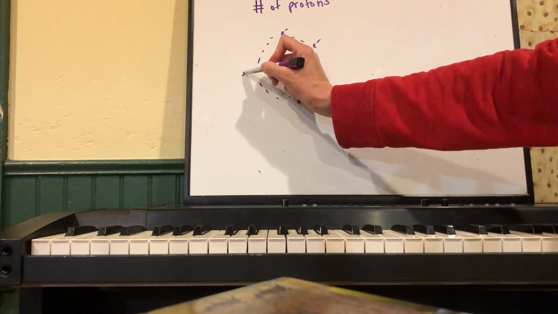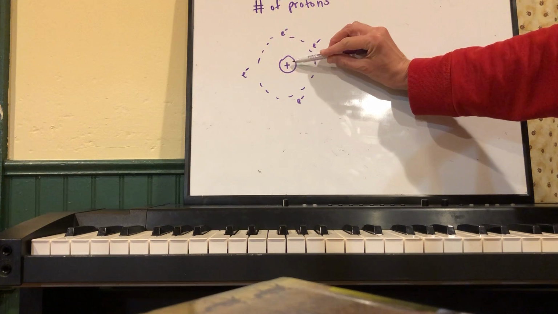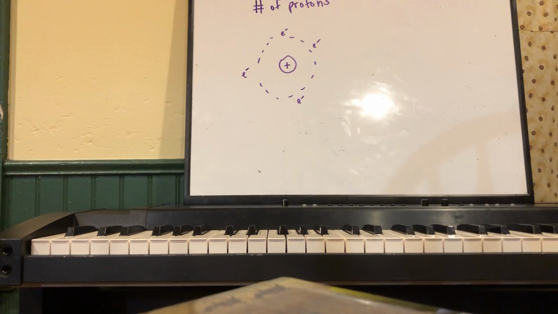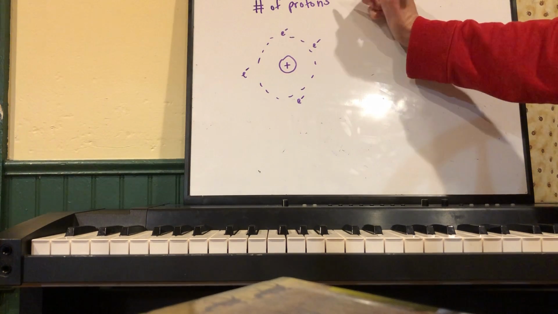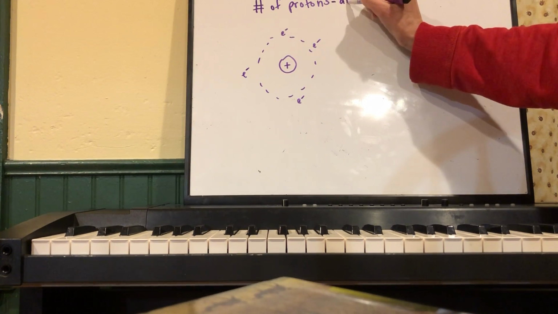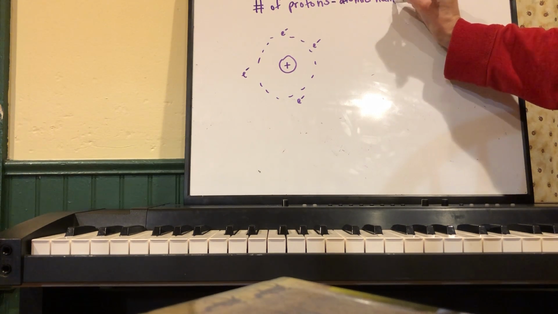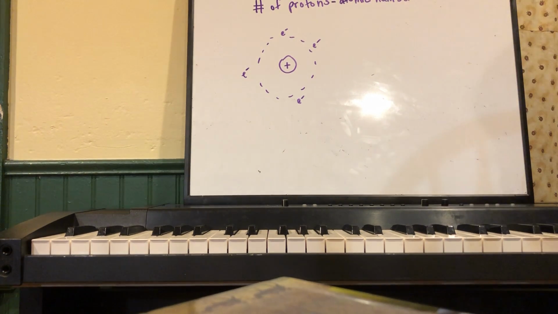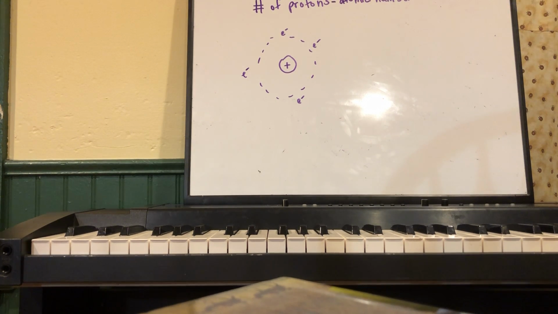So what makes an atom is the number of protons, how many protons there are in the middle. And the number of protons is what's called the atomic number. Okay? So the atomic number is the number of protons.